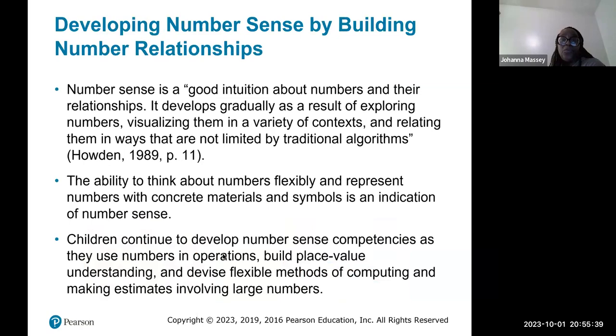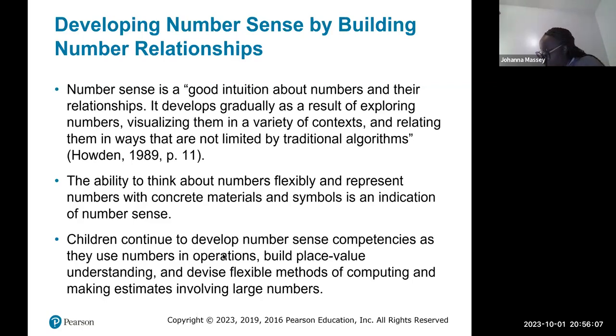It develops gradually, not overnight, as a result of exploring numbers, visualizing them in a variety of contexts, and relating them in ways that are not limited by traditional algorithms. How can you get a traditional algorithm that teaches number sense? It's not one. So you have to build that.